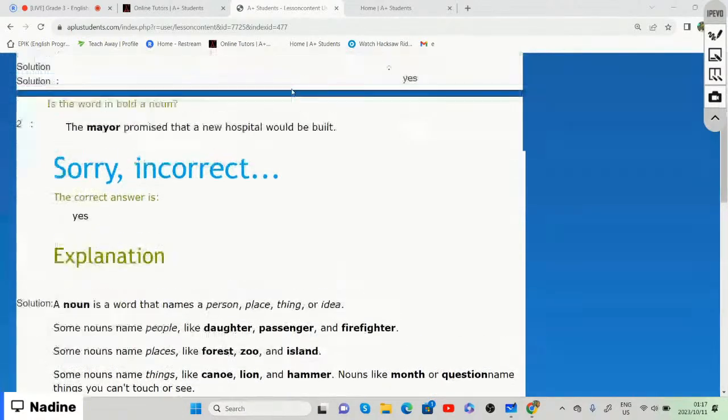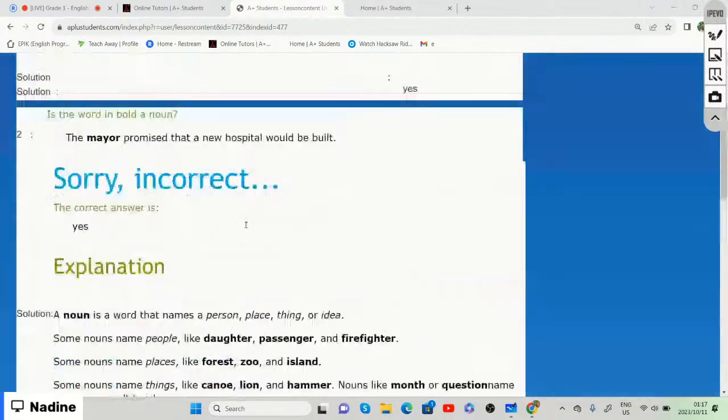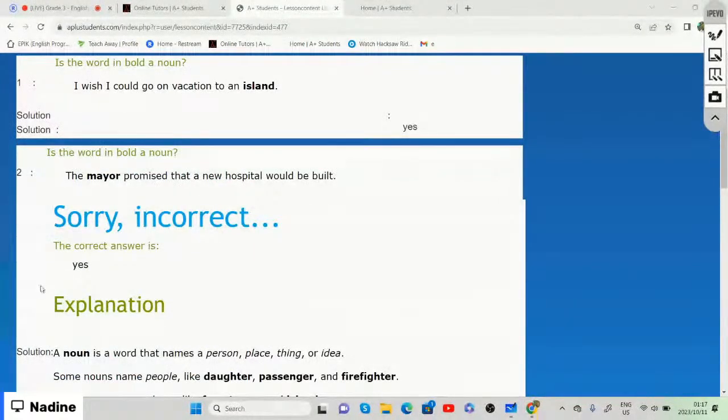The mayor promised that a new hospital would be built. The word mayor. So now we need to say, is the word in bold a noun? The mayor promised that a new hospital would be built. So mayor, usually the mayor is in charge of a community or a town or a city.